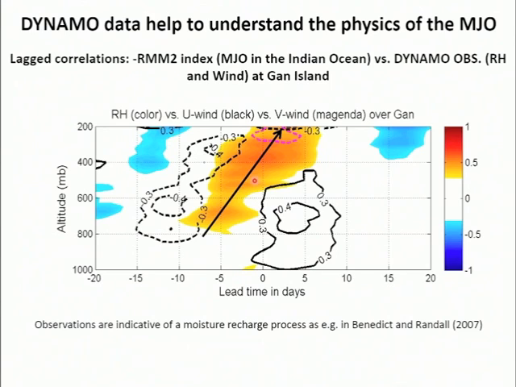Here we can see that as the MJO was entering the Indian Ocean, there were easterlies appearing over Gan, and these easterlies were preceding humidification of the lower tropospheric levels, humidification which, shown here with this vertical sloping bar, was eventually reaching higher and higher levels until this humidity and MJO connection became non-correlated as westerlies appeared in the lower troposphere, reaching down to the surface through the atmospheric boundary layer.